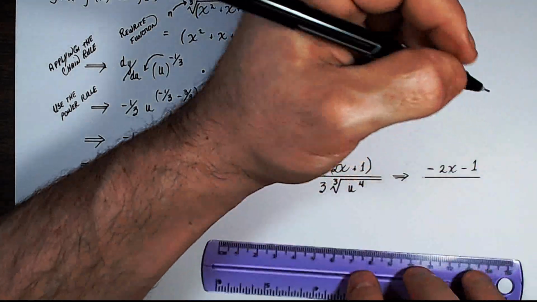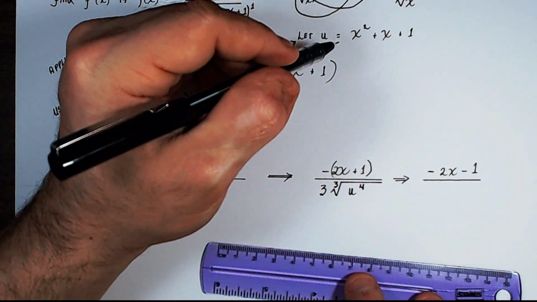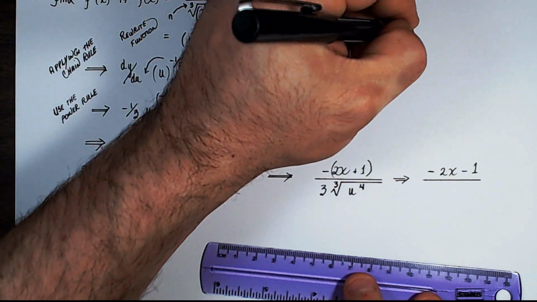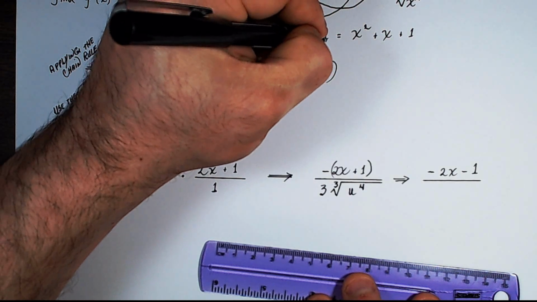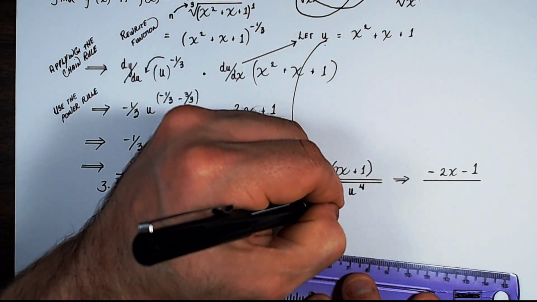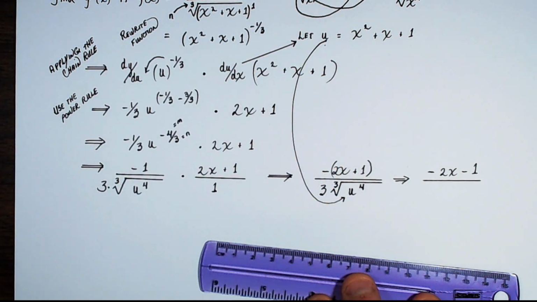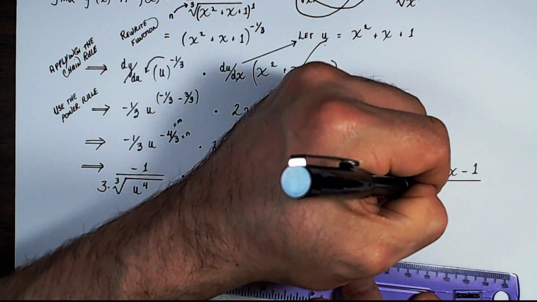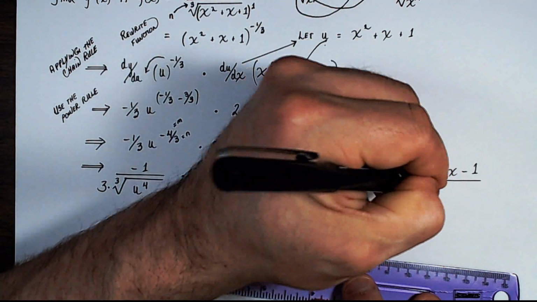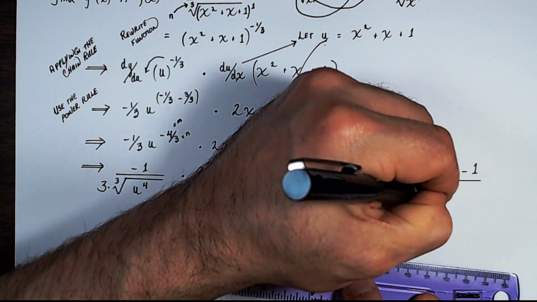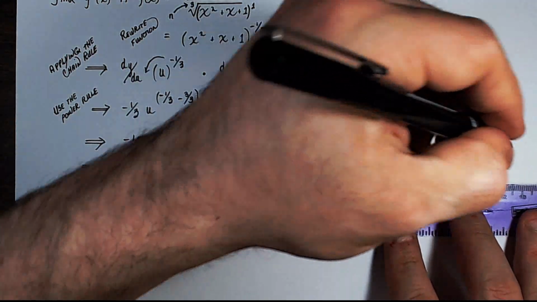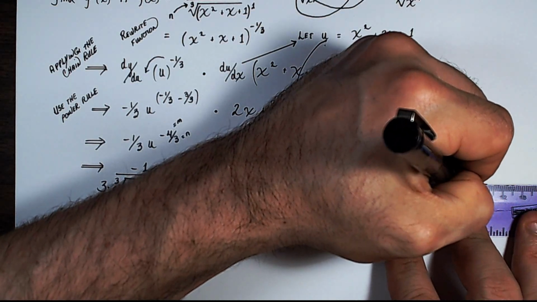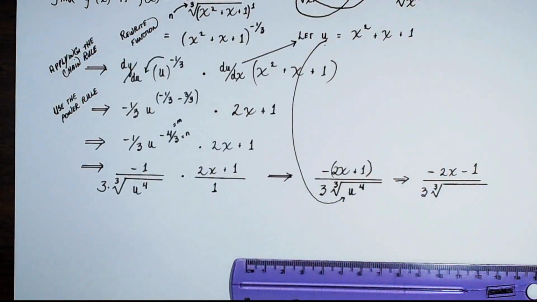divided by, and this would be a good time for us to substitute in our u value. Let's substitute that in and multiply 3 in the denominator by the cubed root. This is where it gets tricky, okay?